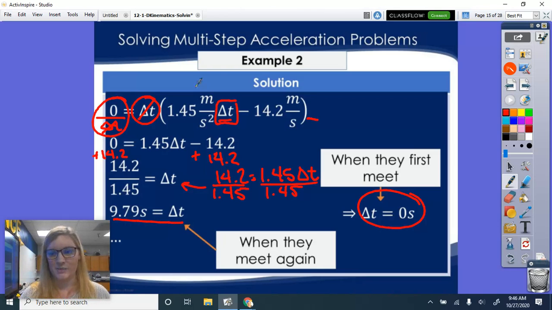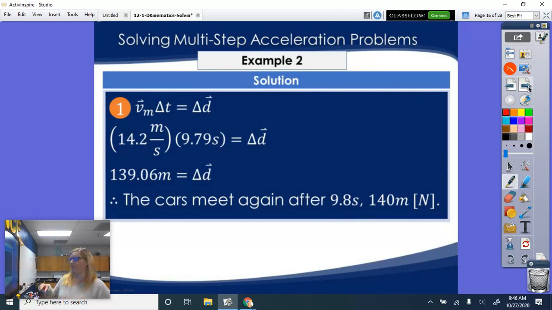But we're not done because we need to figure out at what distance they met. So I'm just going to plug that back into either of my equations. The easiest one is that first one. So I had already had it rearranged like this. So I'm going to plug in my numbers. This is my velocity for my Mustang that it was going at a constant velocity the whole time.